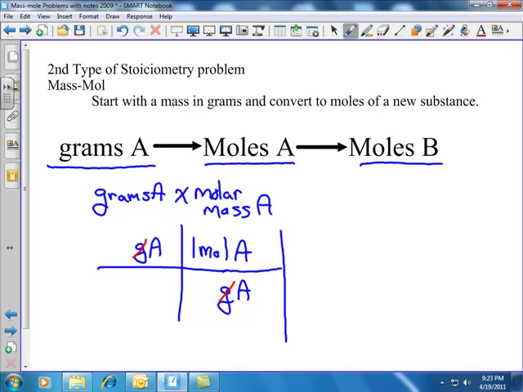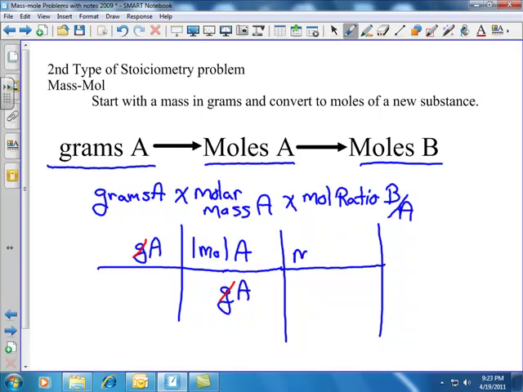I want to then take moles of A and get that to moles of B. To do that, I'm going to multiply by my mole ratio. That mole ratio is going to be the mole ratio of compound B to compound A, and again it comes from the coefficients of the balanced equation.